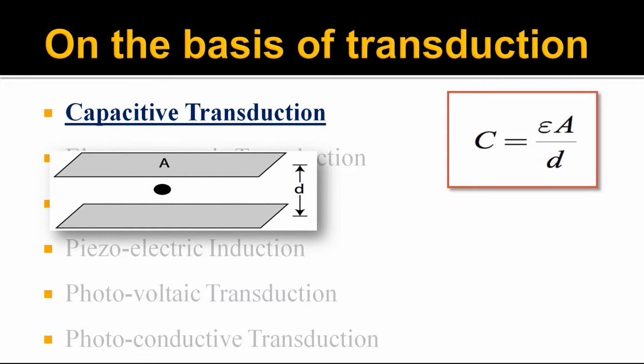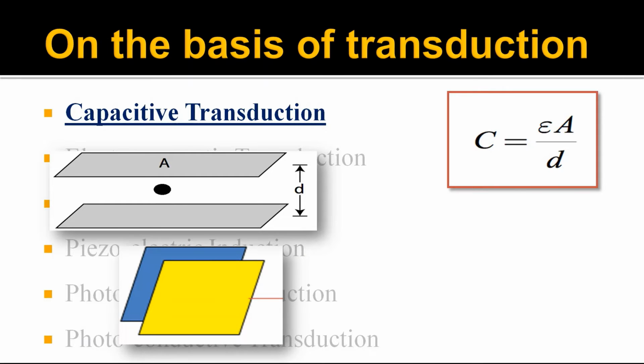The first method is keep one of the plates of the capacitor fixed and move the other plate away from the fixed plate. This way, the distance between the two plates of the capacitor is varied, keeping the other two parameters, that is effective area and dielectric, as constant.